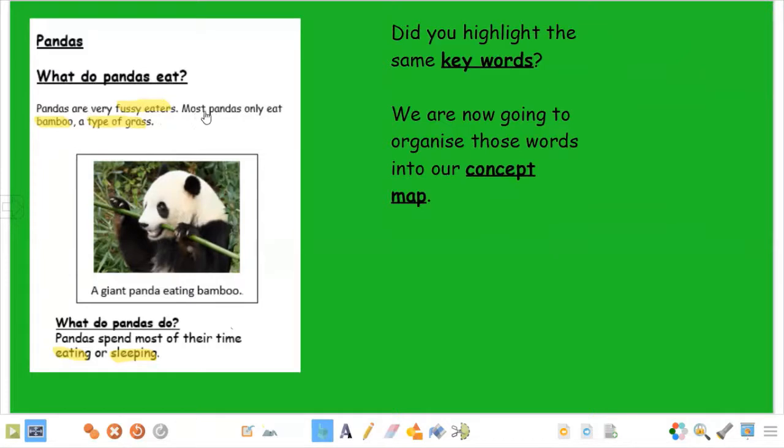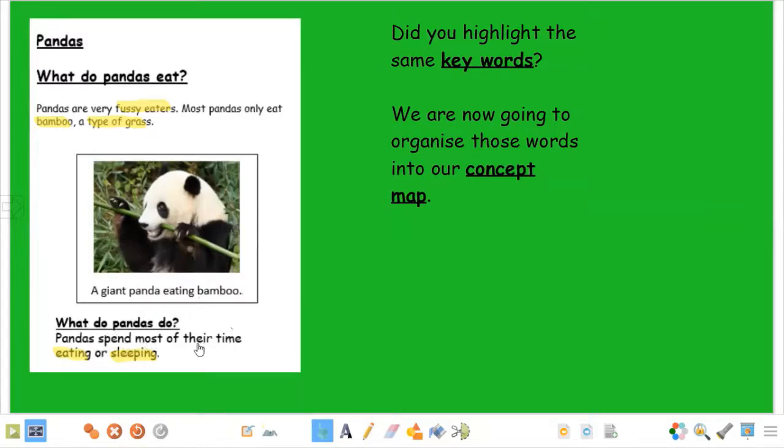In the next sentence, "Most pandas only eat bamboo, a type of grass," I thought it was important to have the noun, the name of that special type of grass, bamboo. And I also thought maybe I might need to have in a definition there of what bamboo is. Bamboo is a type of grass. Okay, so you can see that I've got 1, 2, 3 words there. Not a lot of information. What do pandas do?